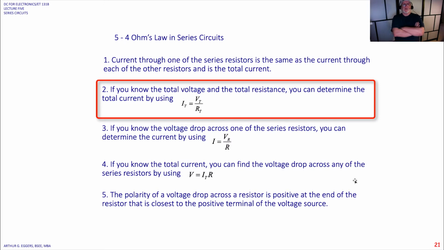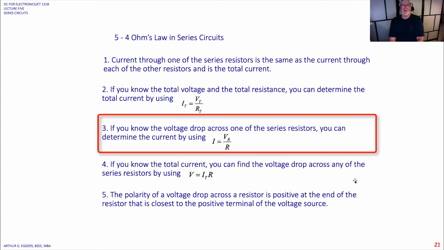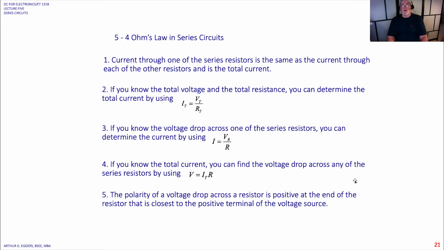I total is equal to V total, the source total, divided by the total of the resistance. 3, if you know the voltage drop across one of the series resistors, you can determine the current by using the relationship I is equal to V sub R, the voltage drop across a given resistor, divided by the value of that resistor.